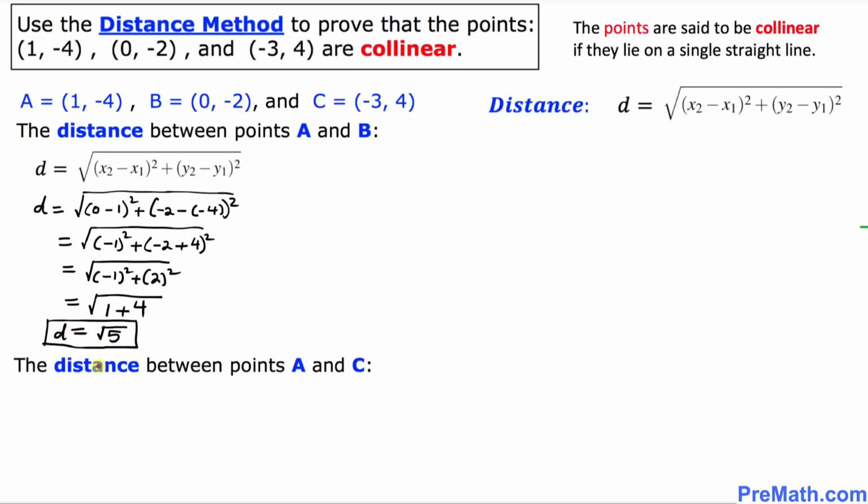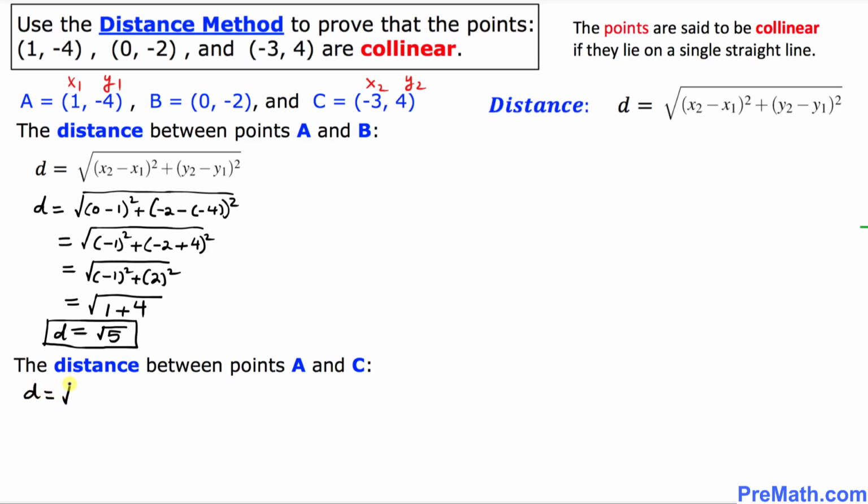Now let's calculate the distance between the points A and C. So let me call point A x1, y1, and point C I'm going to call x2, y2, and we will be using the same distance formula. So the distance formula is going to be d equals, fill in the blanks.